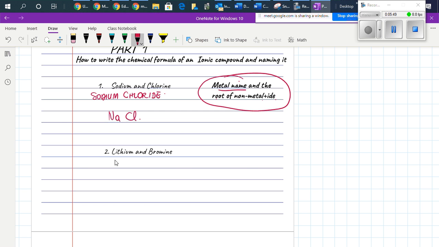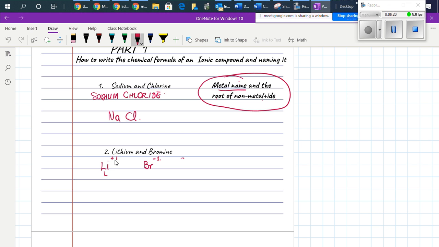Lithium and bromine, okay? So lithium is +1. When you see it here, it's +1. Bromine is in group 17, which means that bromine will be -1. It will have 7 in the outer shell and will have the tendency to gain one more to complete 8.